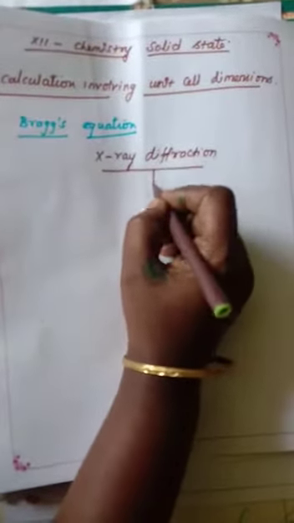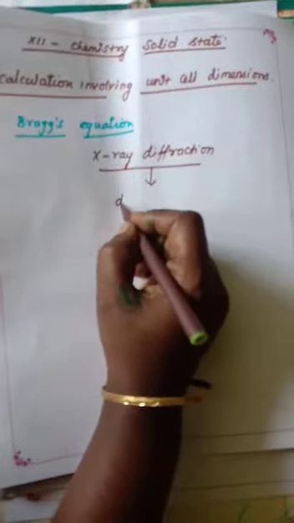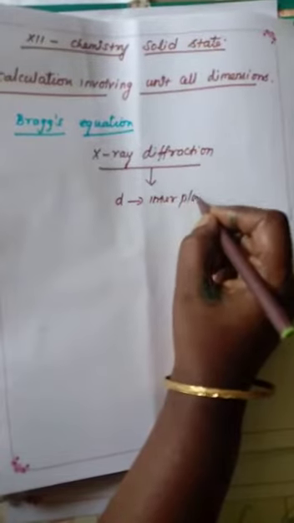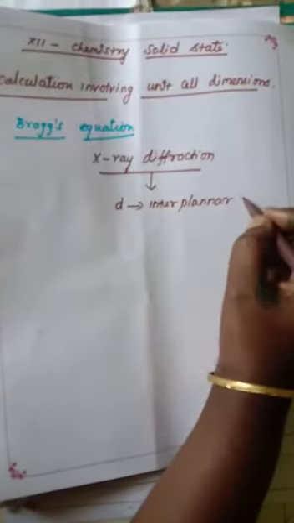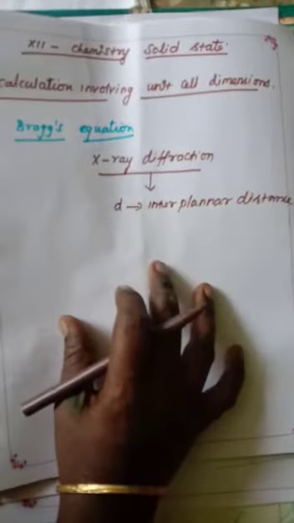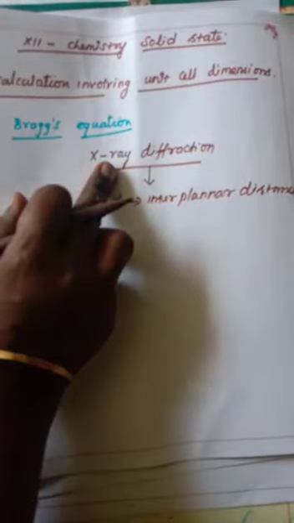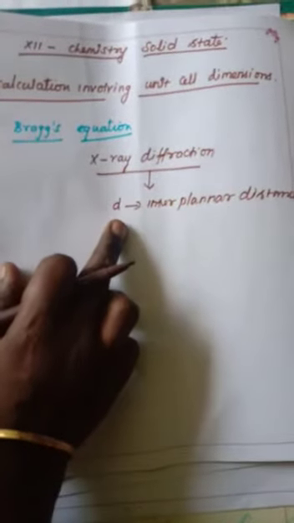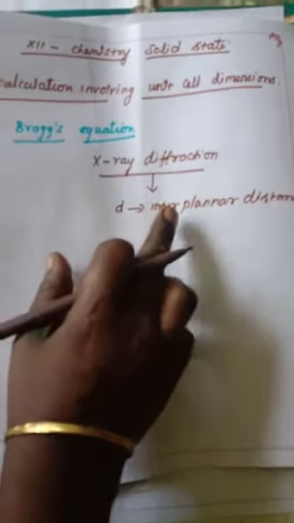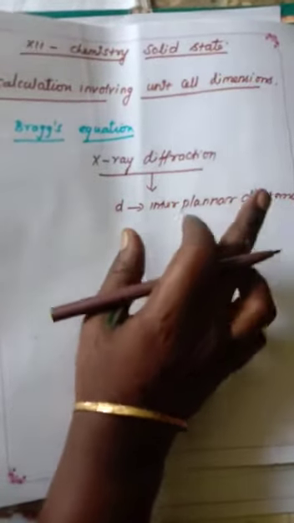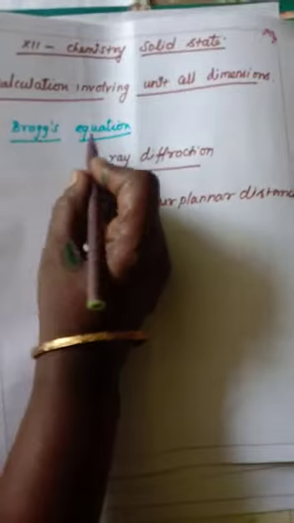By using this technique, we can calculate the d value, that is the interplanar distance between two successive planes of atoms, by using Bragg's equation.